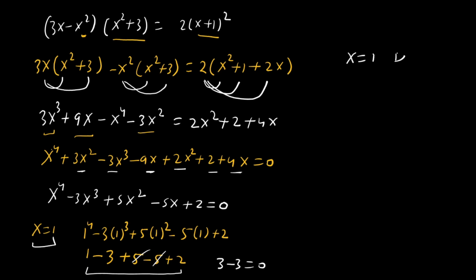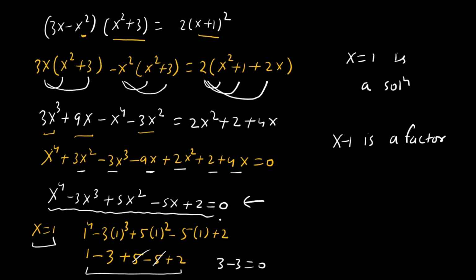is a solution. If x equals 1 is a solution, it means x minus 1 is a factor of this biquadratic equation. Now if this biquadratic equation is divided by x minus 1, then we get remainder 0.